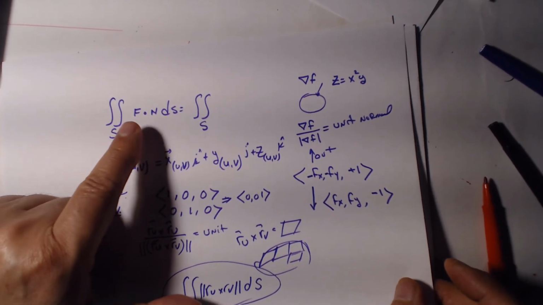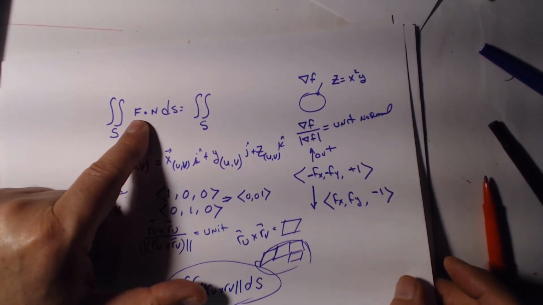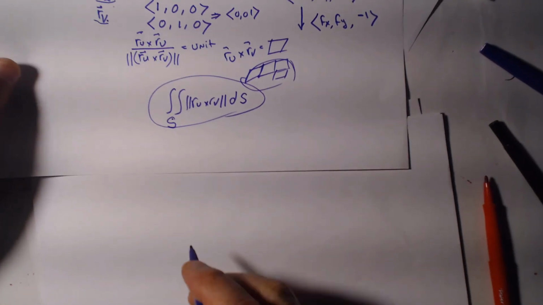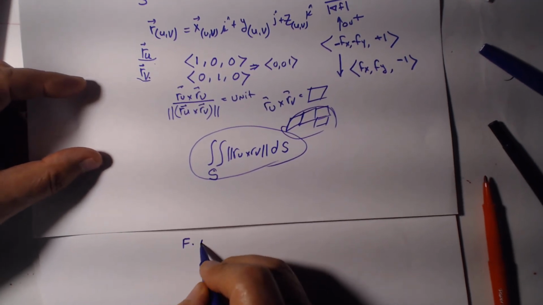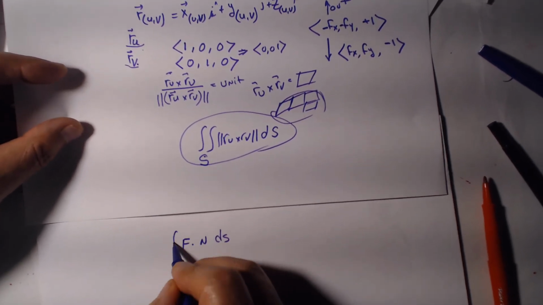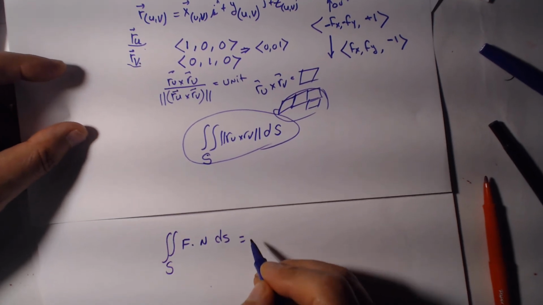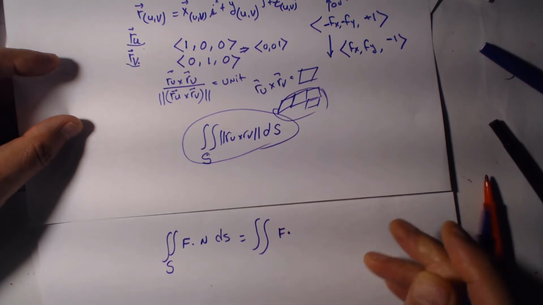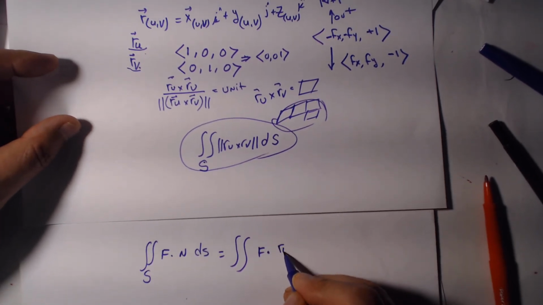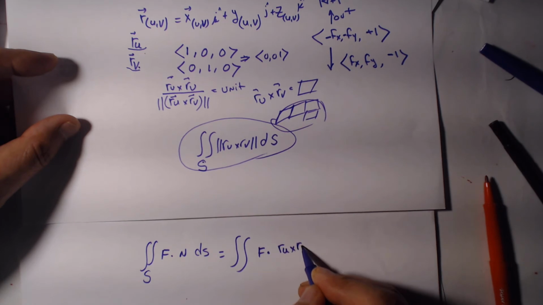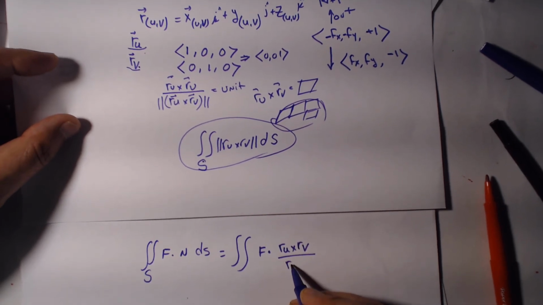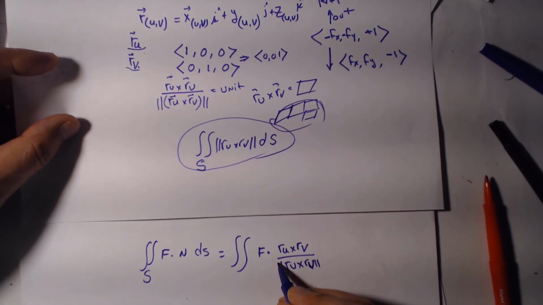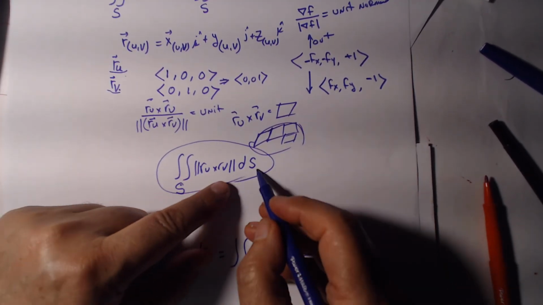across a surface using a vector field, you have two formulas. F dotted with the N dS. If it's a parametrized surface, you write the vector field dotted with R of U cross R of V over the magnitude of R of U cross R of V times dS.